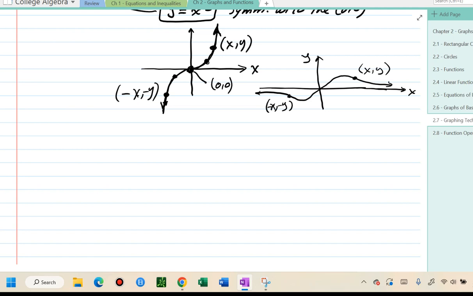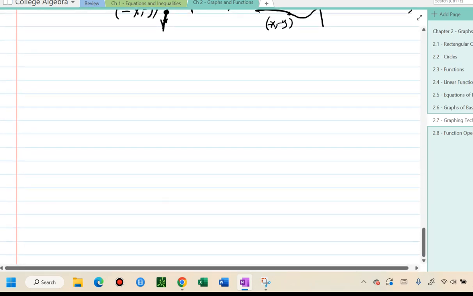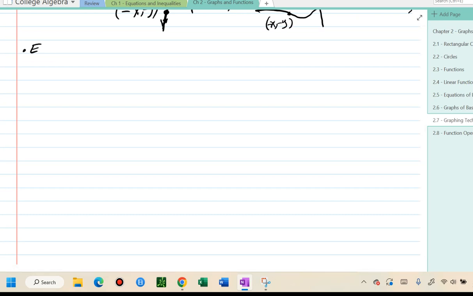All right. Now, let's finish the lecture, not the video, but the lecture, with the last concept in this section. This is a rather long section, with a lot of ideas. Let's talk about even and odd functions. First, we say a function is even if f of negative x, where you change x to negative x, gives you the same value as f of x.